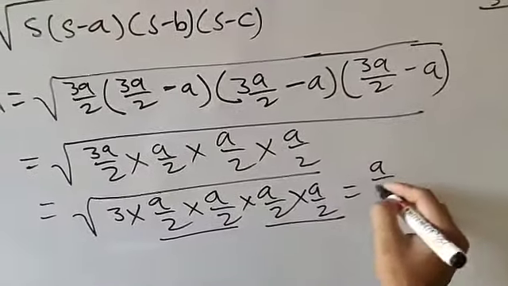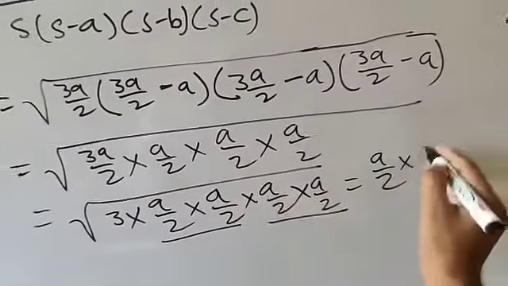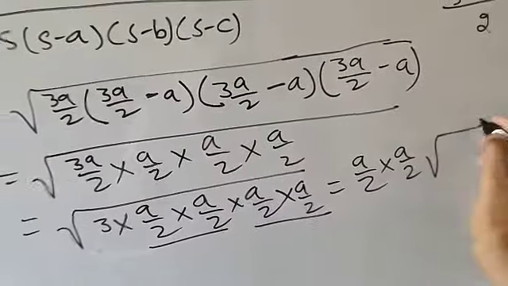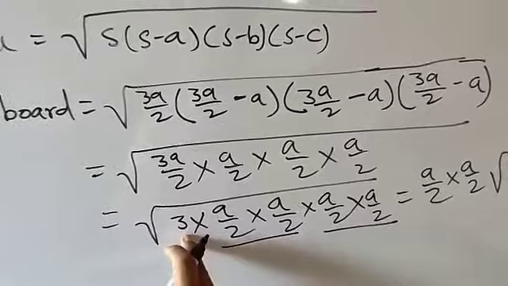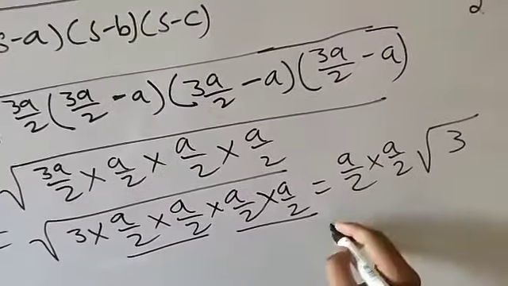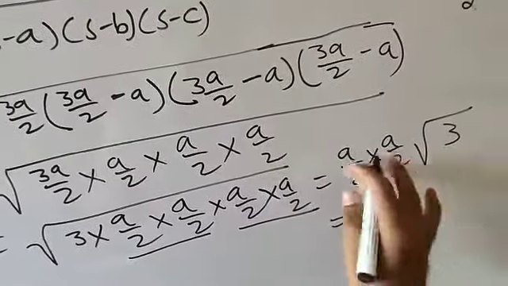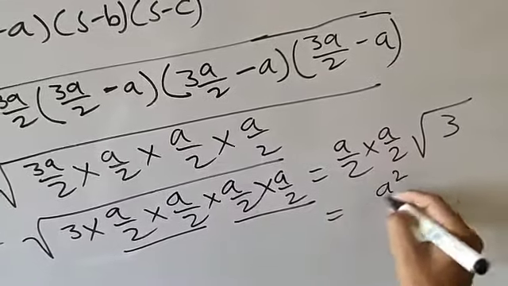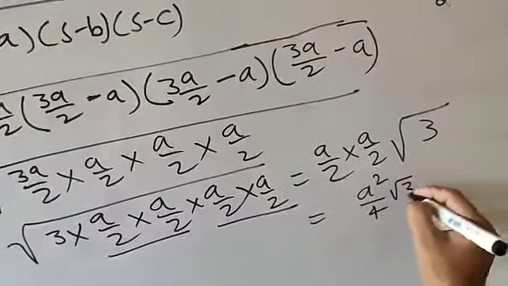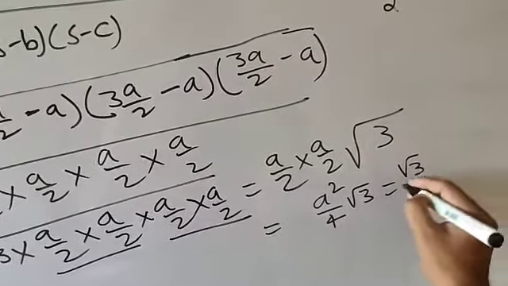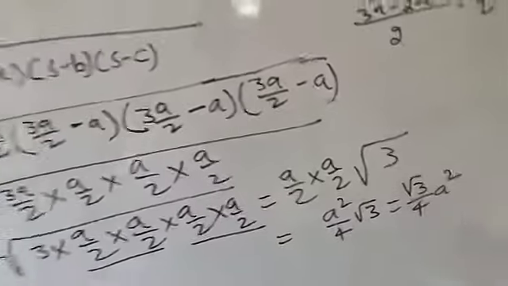So it will be A by 2 into A by 2 outside. Now in the root, what remains that is not in a pair? That is 3. Now it is equal to A into A, A square by 4, into root 3. It can be written as root 3 by 4 A square.